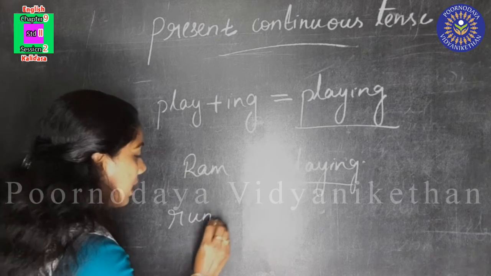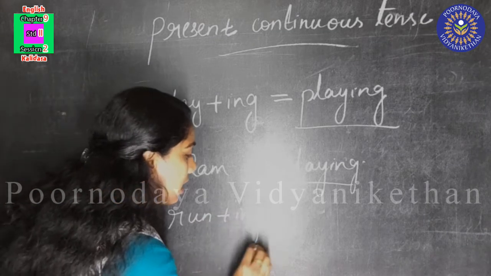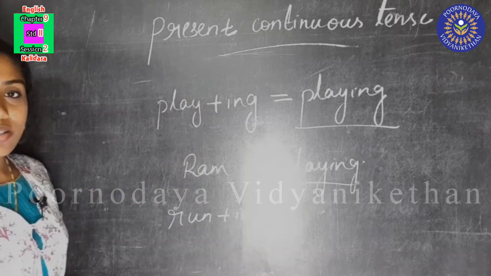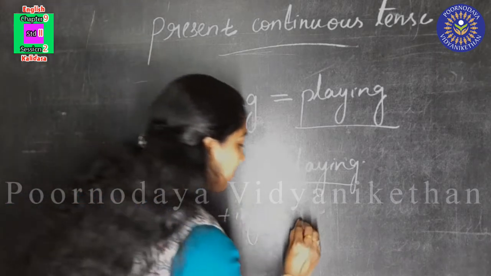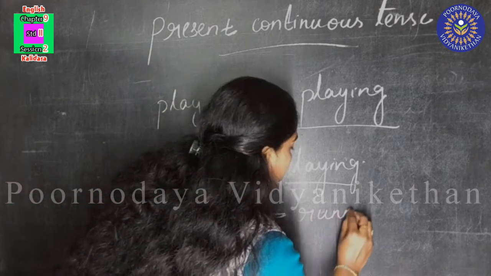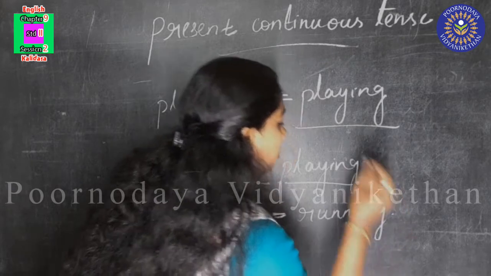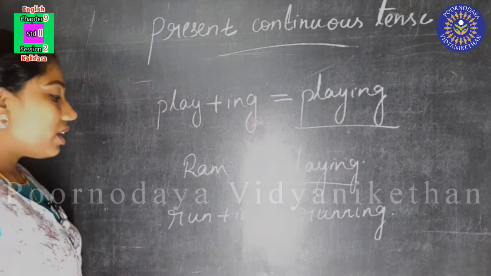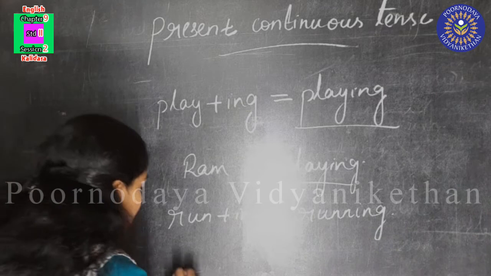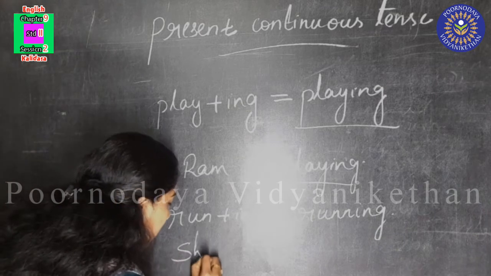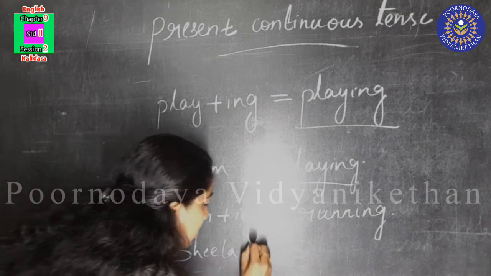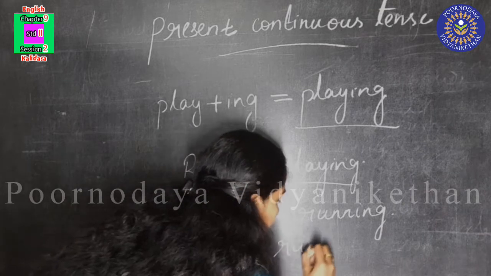Run plus ing. Now, how can we write it, children? Running. R-U-N-N-I-N-G. Running. Now, we'll write another example. Sheila is running.